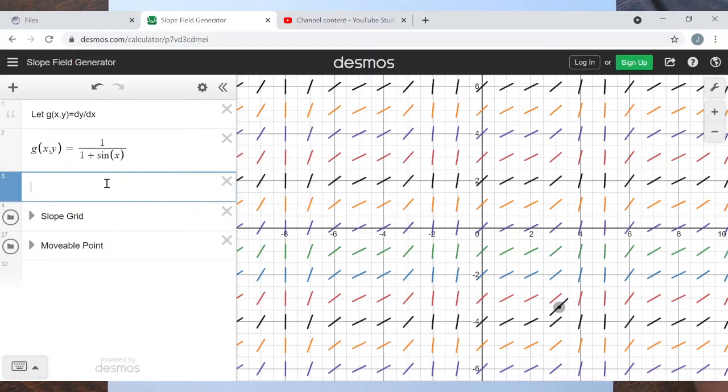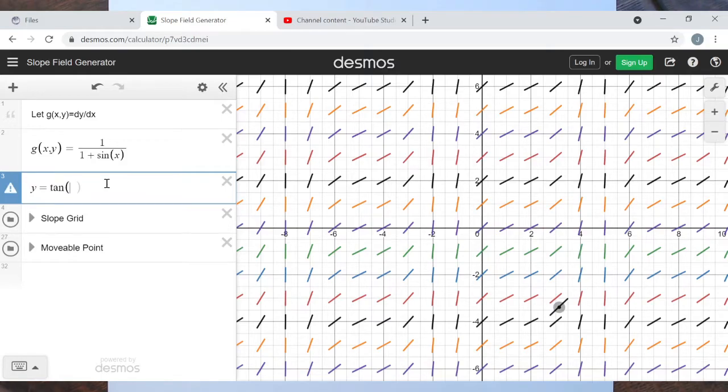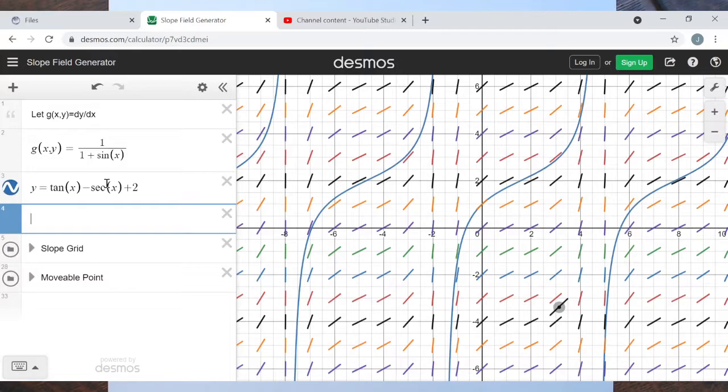And then what I'm going to graph here now after that is our solution. Y equals the tangent of x minus the secant of x, and then plus any constant, right? Say plus 2 or something. Why not? And look, now this blue graph came up here, right? See the blue graph?